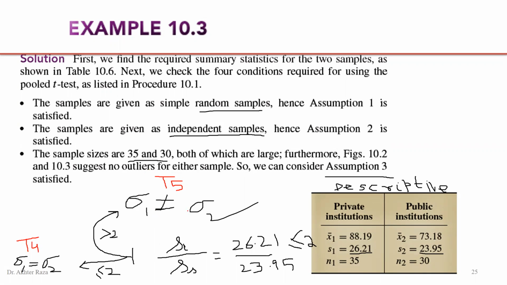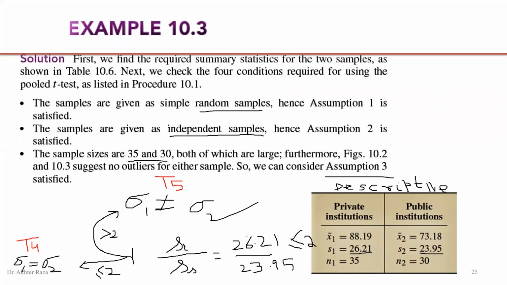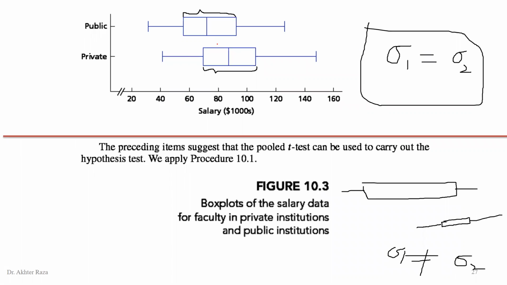If the population standard deviations are assumed to be unequal, you can apply procedure T5, which is known as the non-pooled t-test. This can also be judged by using the box plot. If the box plots are similar, like this, we can assume equal standard deviations, so the pooled t-test, T4, will be used.